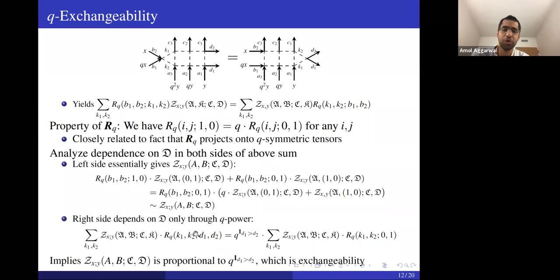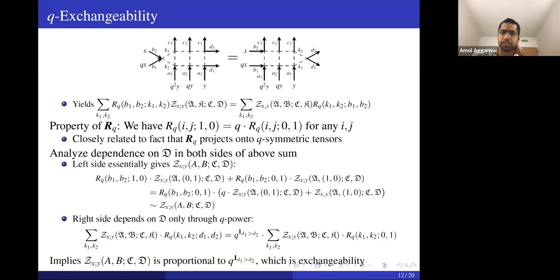More specifically, R_q of K1, K2, D1, D2 is equal to q to the indicator event that D1 is bigger than D2, times R_q of K1, K2, 0, 1. So basically, all I'm applying is this statement over here.